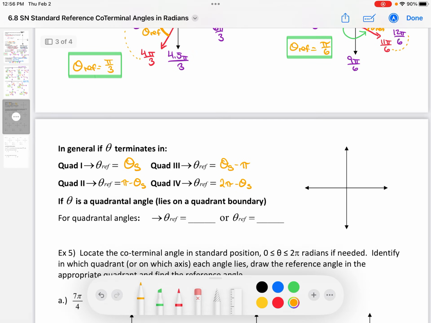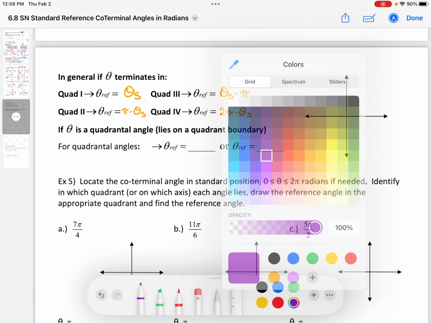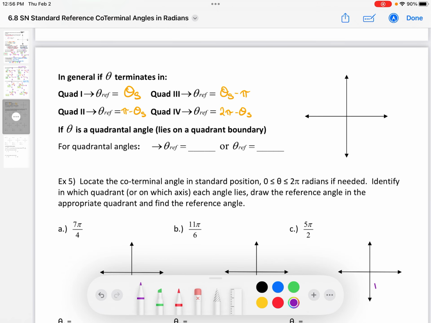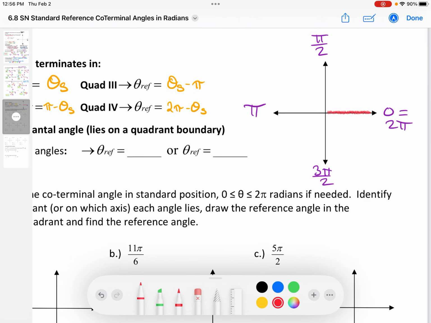So let's take a look at one more quick thing on this part of the video. If we look at the unit circle and we just label it in terms of pi, 0 on the right, pi on the left, pi over 2 on top, 3 pi over 2 on bottom, equivalent to 2 pi on the right. If we're looking at those quadrantal angles, those angles that are on an axis, if we look at 0 degrees, its reference angle is going to be 0 degrees.